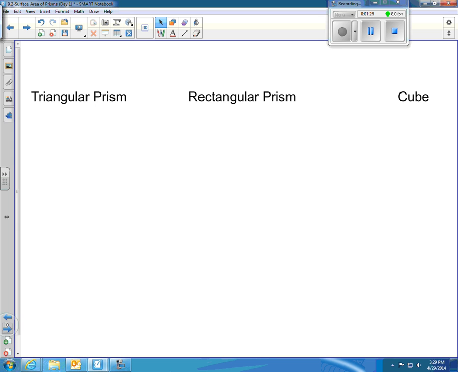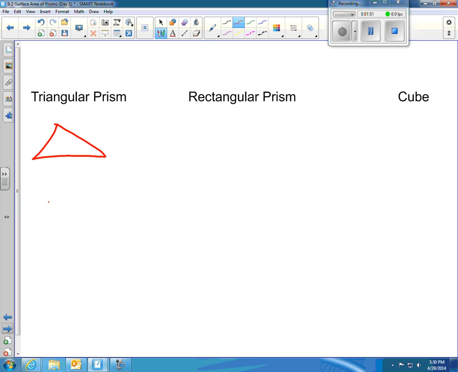On this next page, we're just going to practice drawing a three-dimensional shape. We're just going to copy the ones from above. So I'll start you off with our triangular prism. I always like to start with my bases. Now my bases need to be congruent.